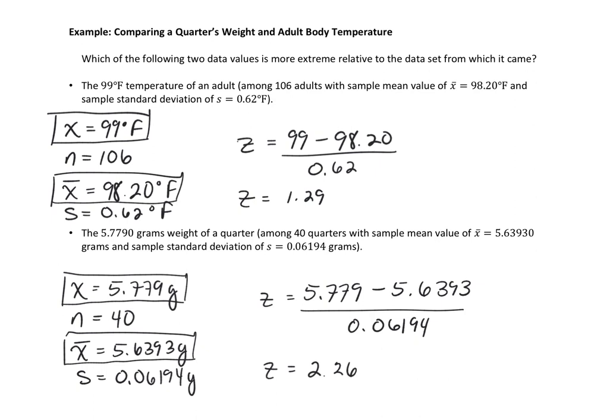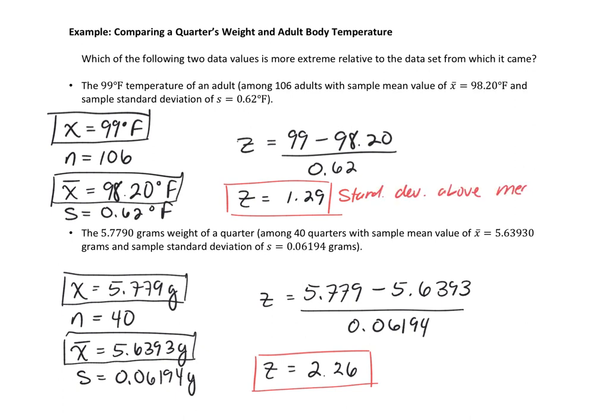So now let's interpret our results. What do these z-scores tell us? If we're comparing the z-scores, we can see here that a body temperature of 99 degrees Fahrenheit is 1.29 standard deviations above the mean, whereas the quarter is 2.26 standard deviations above the mean.